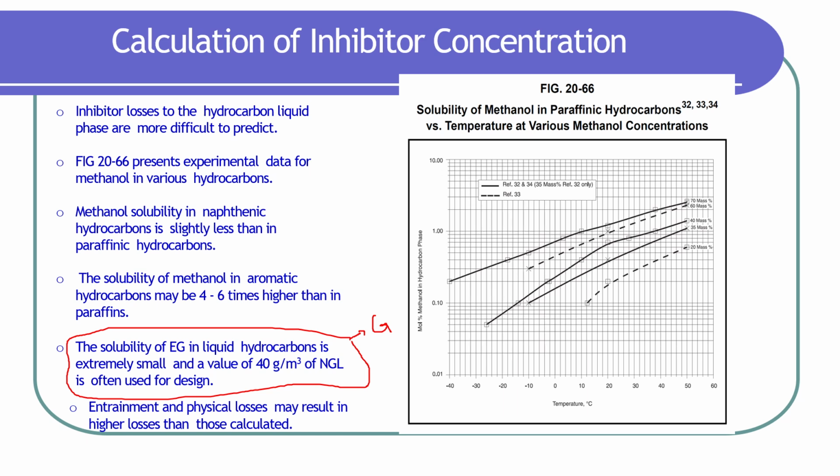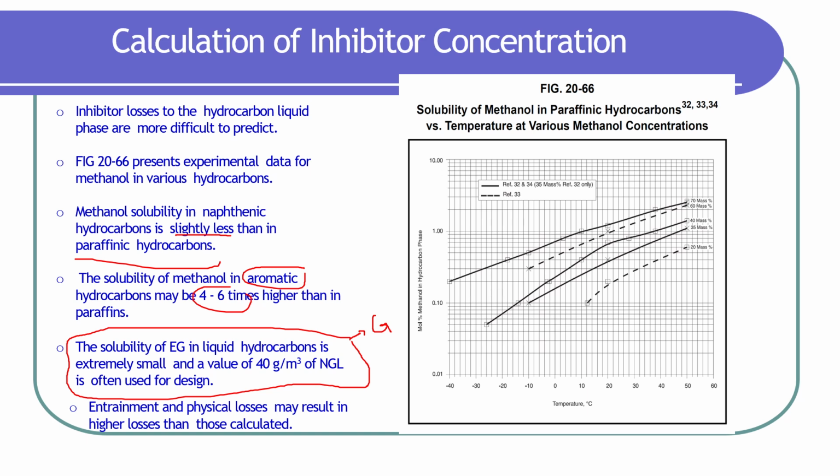Now the more complicated scenario is methanol, because methanol solubility in naphthenic hydrocarbons is less than in paraffinic hydrocarbons, and in aromatic hydrocarbons it is 4 to 6 times higher than in paraffin. So the solubility of methanol deviates based on the type of hydrocarbons you are dealing with. If you are dealing with aromatics, the solubility of methanol will be very high.